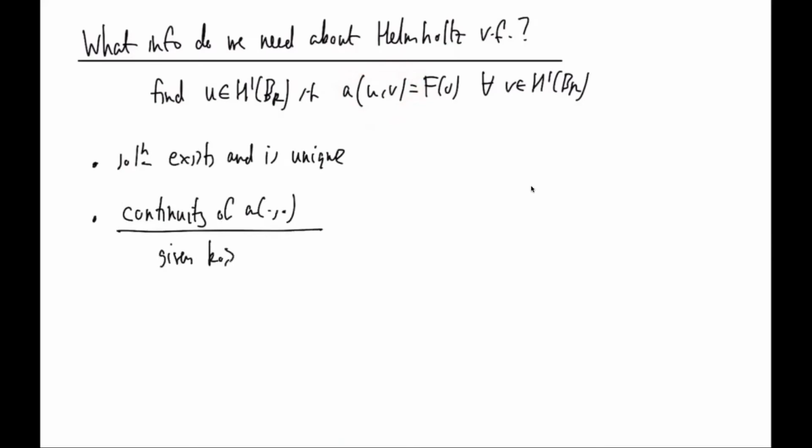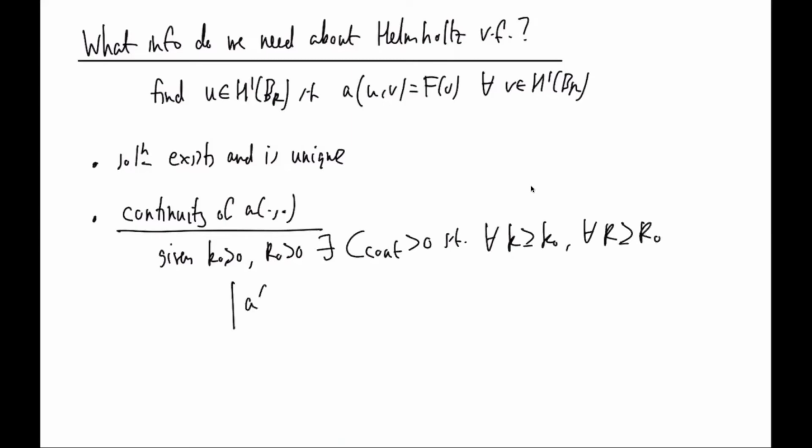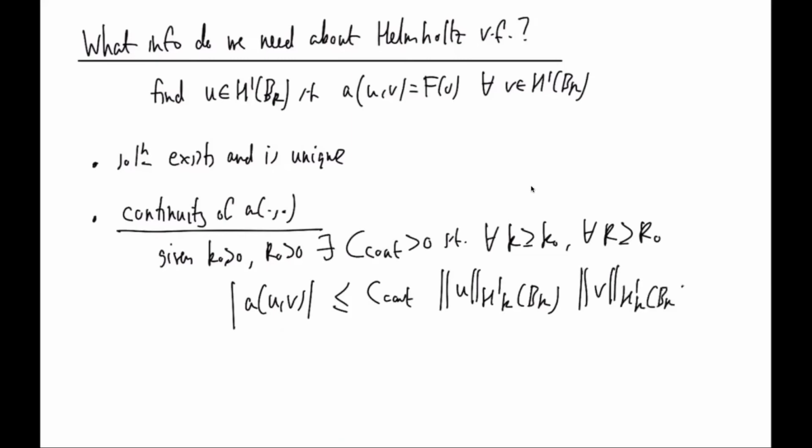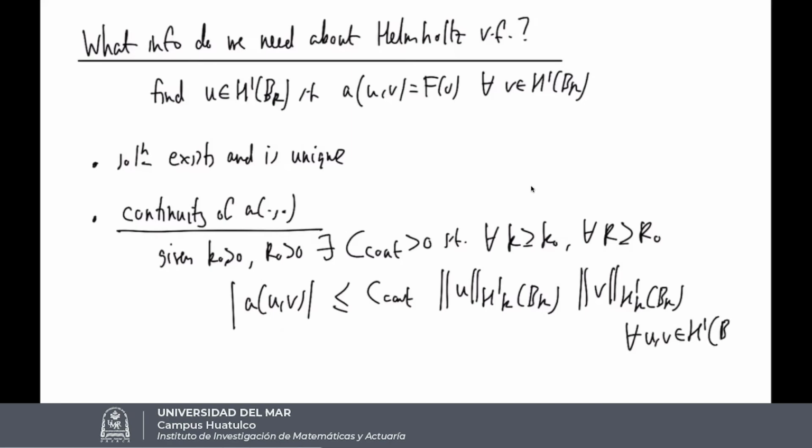Given K naught and R naught, there's some constant C cont greater than 0, such that for all K larger than K naught and for all R larger than R naught, the modulus of A(U,V) is bounded by C cont times the H1 norm of U, weighted with K, times the H1 norm of V. This is for all U, V in H1 of BR.